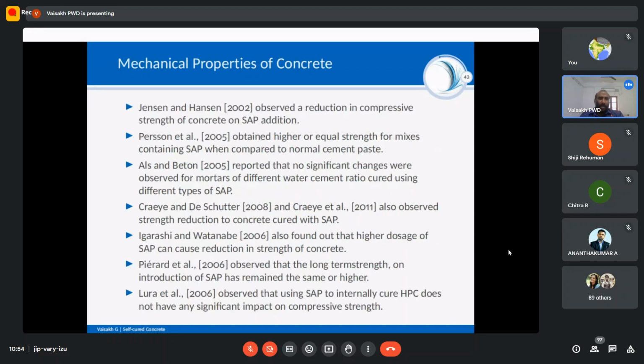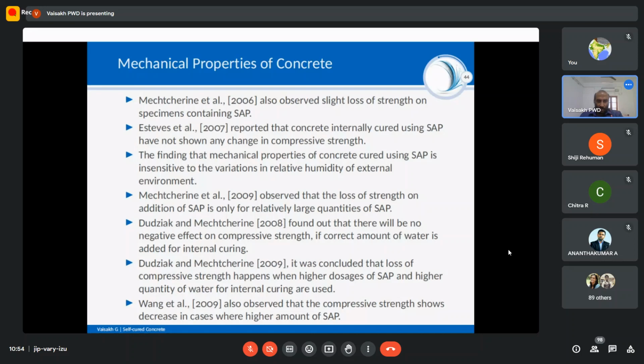Then mechanical properties. Many scientists, as mentioned here, have observed that the strength is getting reduced on application of SAP. This is very important to note that earlier researchers obtained reduction of strength or even similar strength to that of conventionally cured concrete. But later on, as time passed by, researchers became aware of what the problem was.